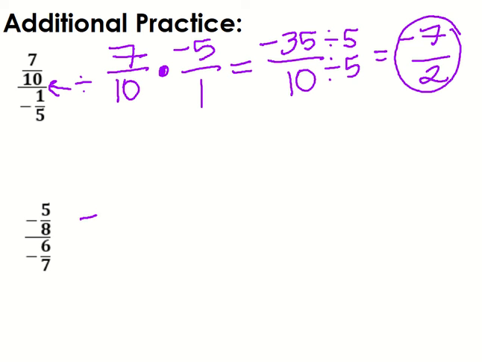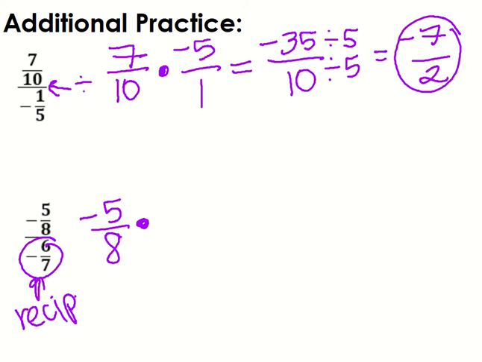Again, we always leave our numerator, or the first one, the same, so negative 5 over 8. We change our division to multiplication, and then we take the reciprocal of our denominator, or our divisor. And so then we would get negative 7 over 6.